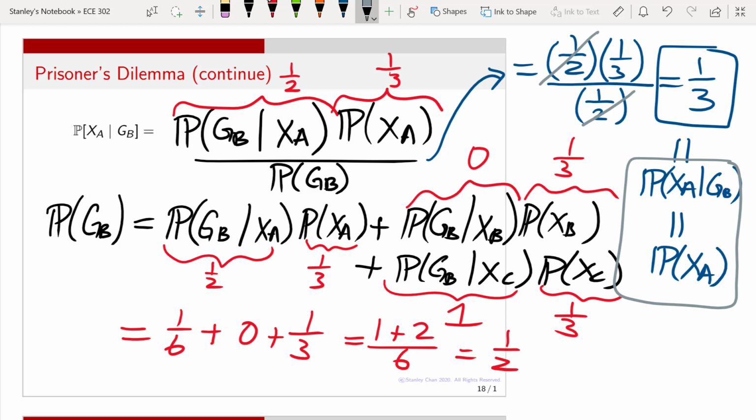And therefore, X_A and G_B are just independent events. Since they are independent events, these two numbers should be identical. And so there isn't any dilemma, no matter whether you have talked to the guard or not, because the guard will never change the mind of the king. Regardless of whether you are conditioned on the guard or not, this is always 1/3.